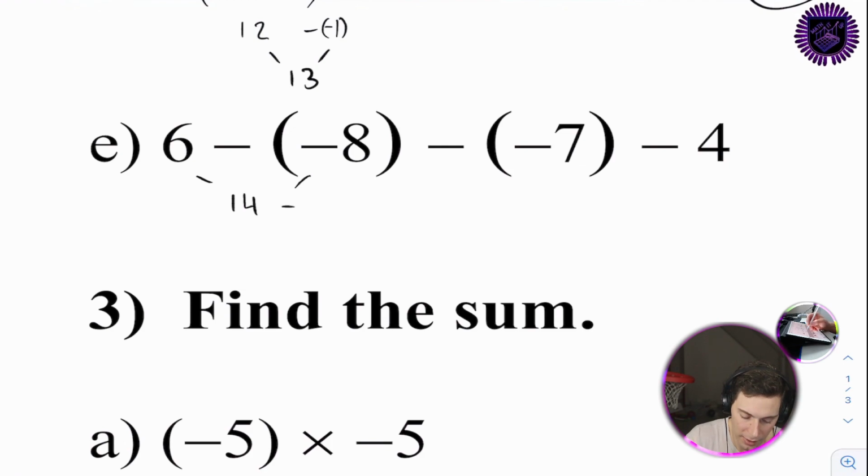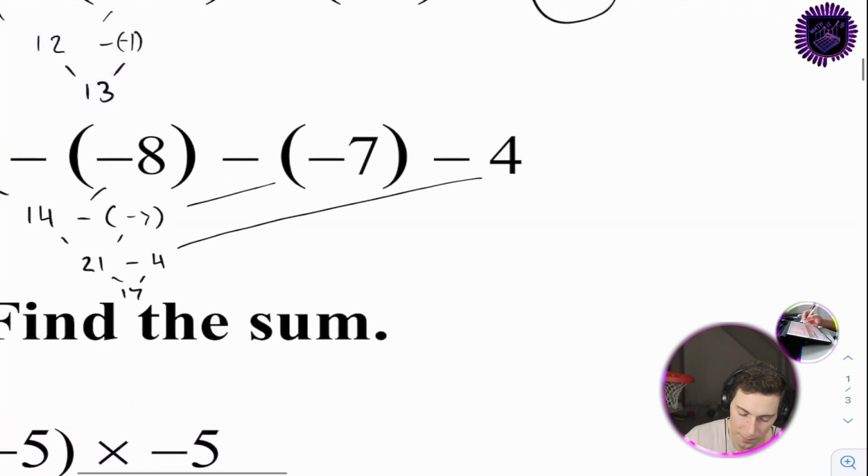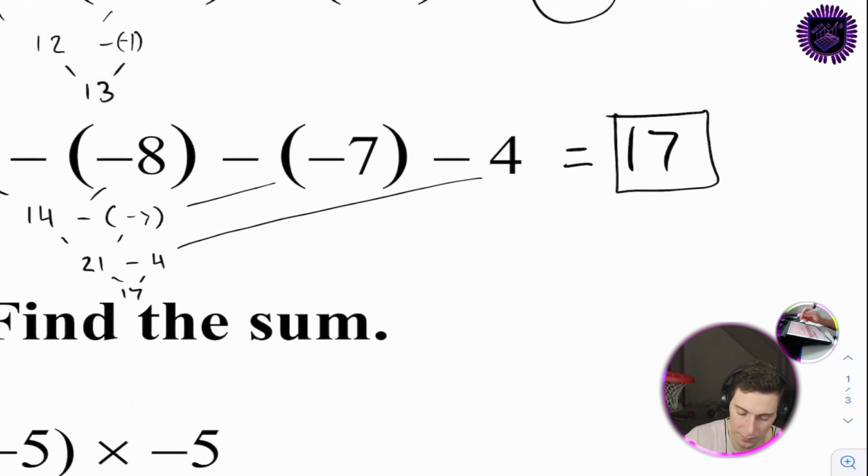Then we minus a negative, minus -7 to make that 21. Then we take our 4 and we minus 4, and that's going to equal 17. And I'm going to write that nice and big here. Equals 17. Box my answer.